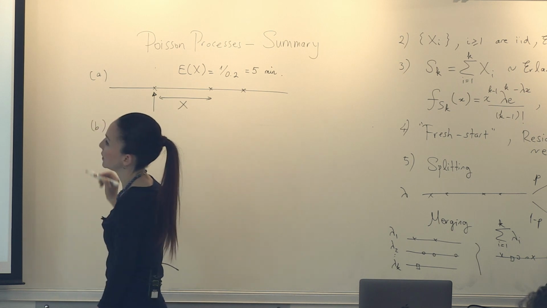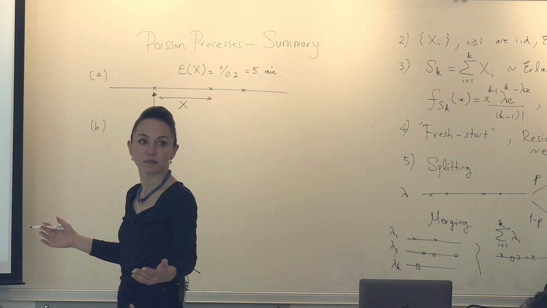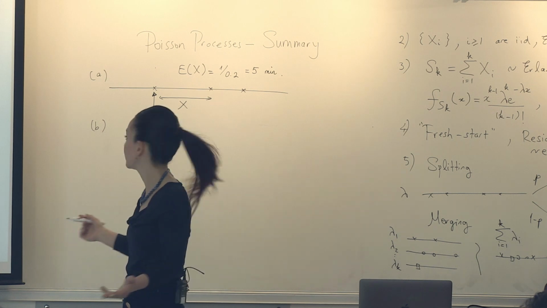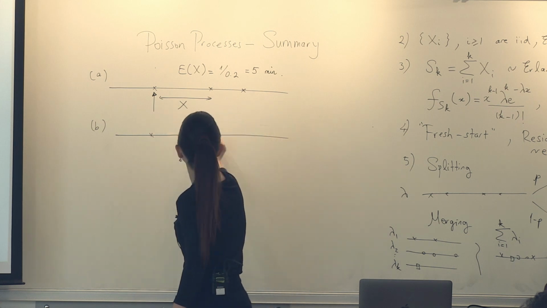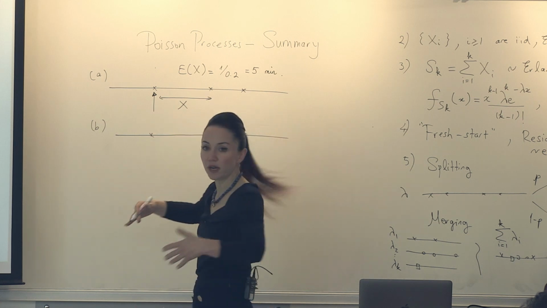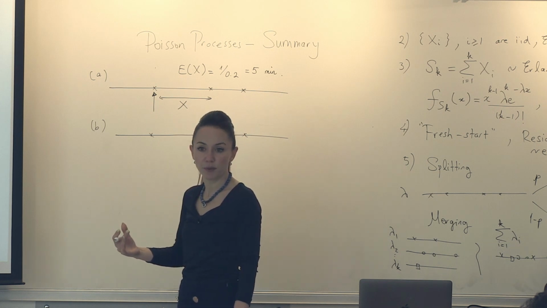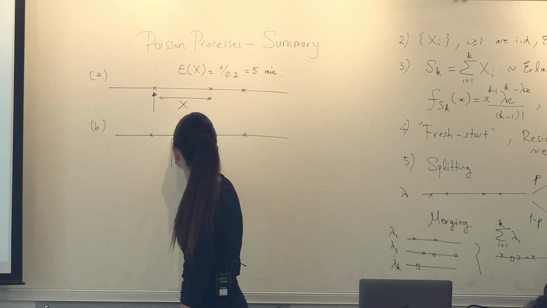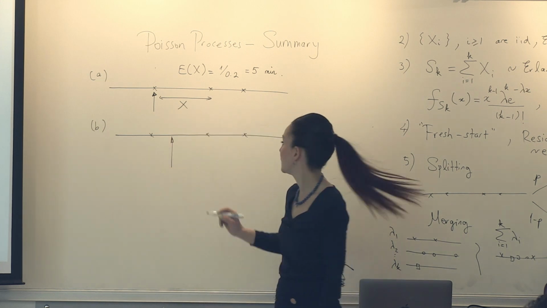B. I arrive at random. How much do I expect to wait? Now this is different. What's the difference? Same picture, but my arrival time is not coinciding with a bus departure. I arrive at a random time. How much do I expect to wait?